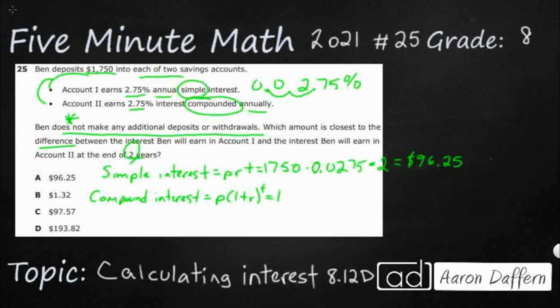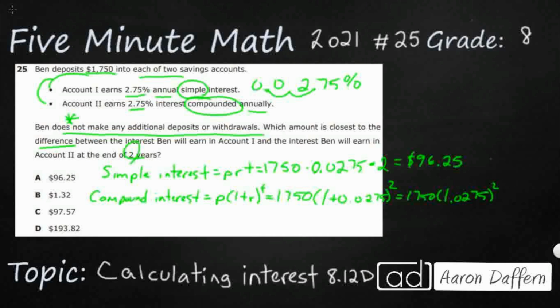Still same principal, 1750. Now 1 plus rate is going to be 1 plus 0.0275. Then I'm going to square that because I'm raising it to the power of my time, and it's 2 years. So if we want to look at it a little bit simply, it's going to be 1750 times 1.0275 squared.